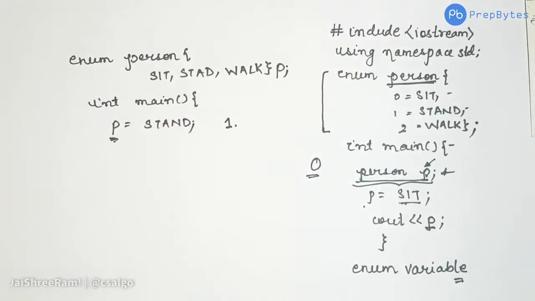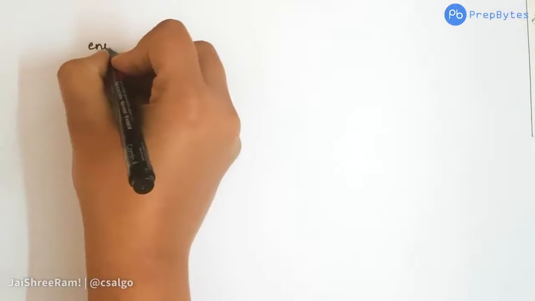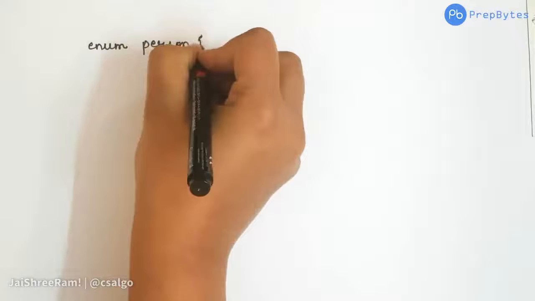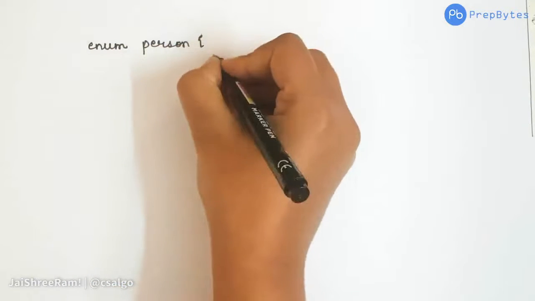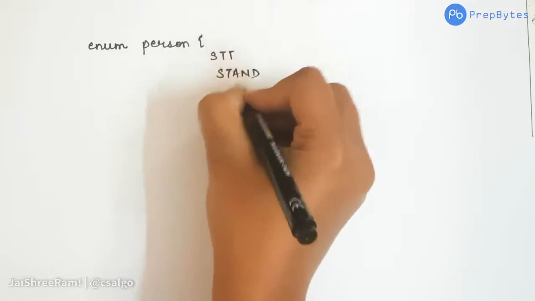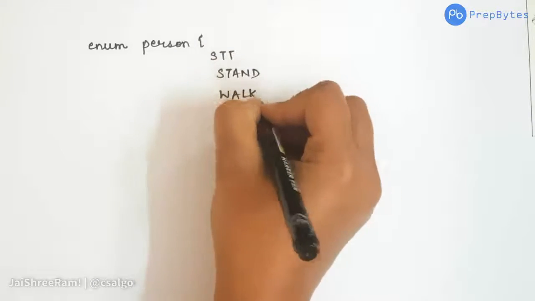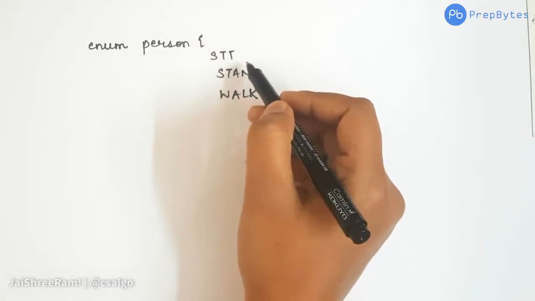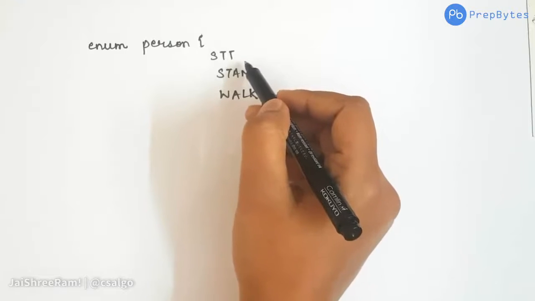So there are few things to note in case of enum. Let's see them one by one. Initially we saw that we were not giving any values to the enum members. So here we had simply done sit, stand and walk, and they were getting the values 0, 1 and 2 by default. If we want, we can give our own values as well.